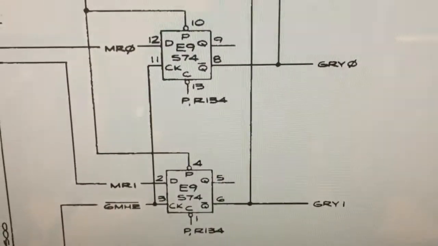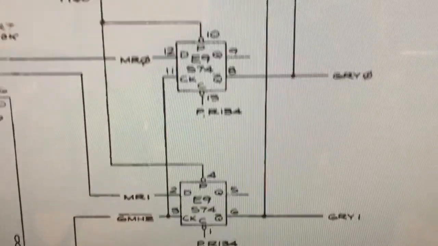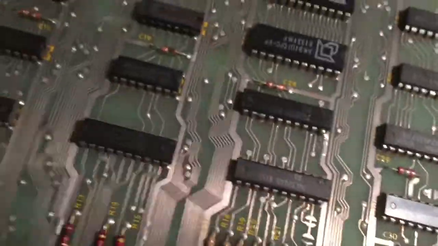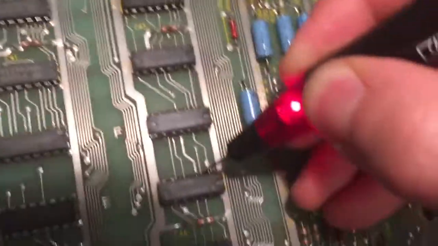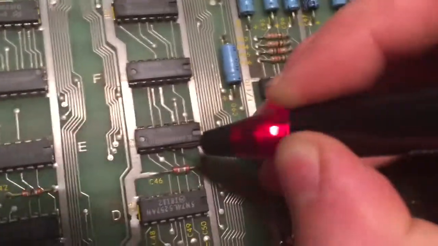Okay, so clock would be 3 and 11. Let's take a look. So pin 3, clock is working. 11, 14, 13, 11. Clock is working. So that's not a problem.